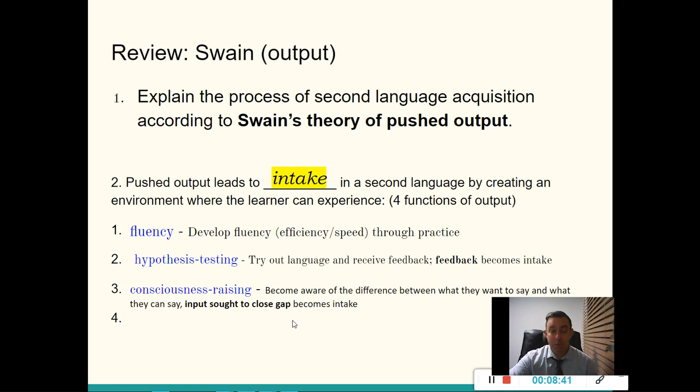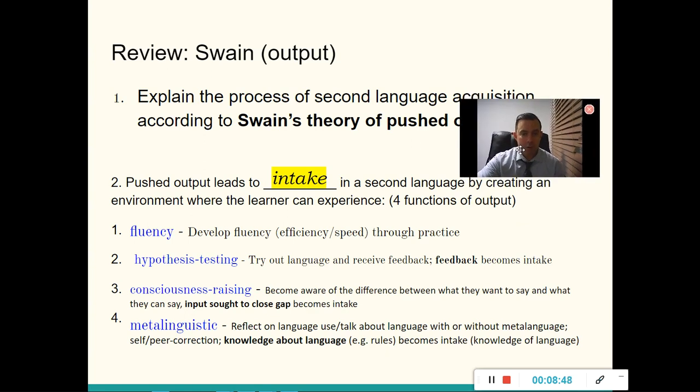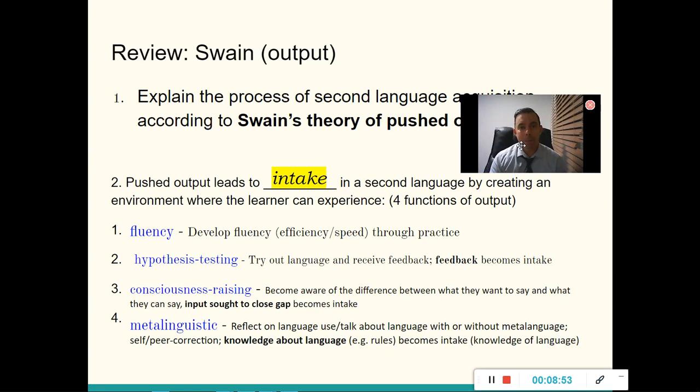And speaking of linguistic knowledge, let's not forget the meta-linguistic function of output. So when we're talking about meta-language, that's language about language, right?